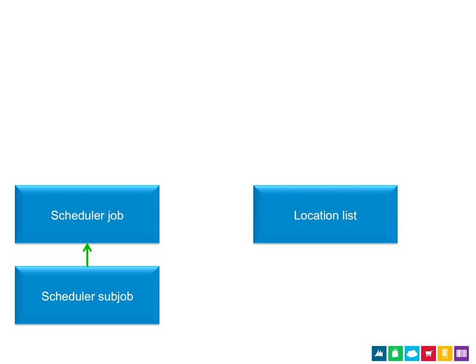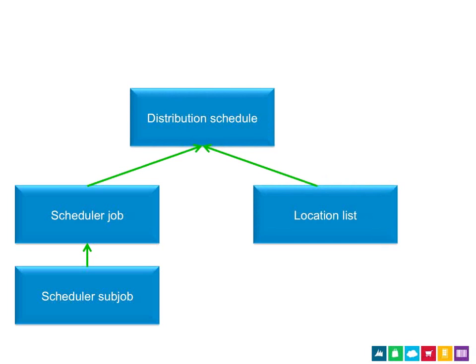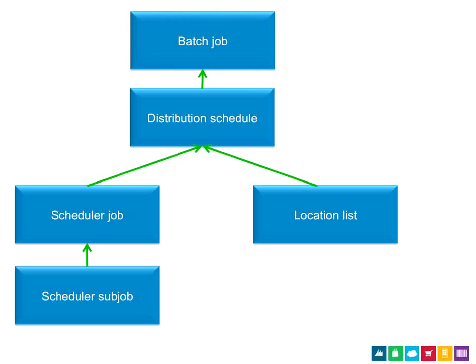These are the targets, the stores that you want to send it to. You combine those 2 into a distribution schedule. At this point, you could manually execute the schedule, but most likely you want to assign a batch job to this distribution schedule and then say run it every hour, run it at 10 o'clock at night, or whatever the requirements are.